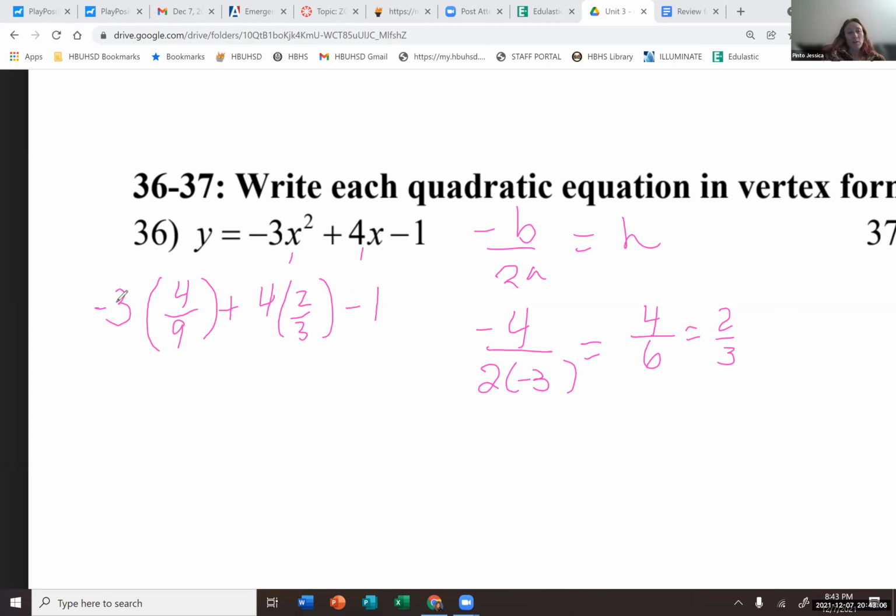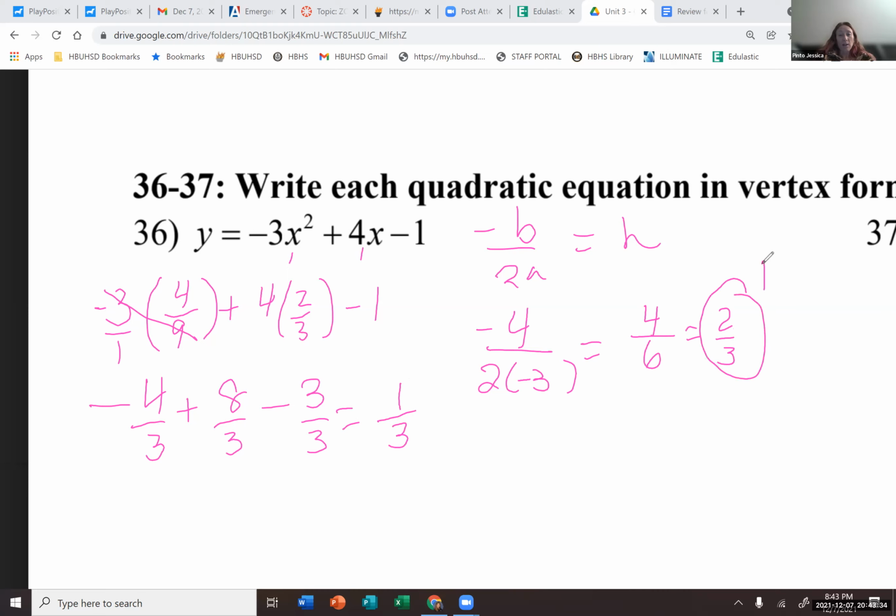All right, so the 3 over 1 and the 9, they're going to cancel, and I'm going to get -4 over 3 plus 2 times 4 is 8 over 3 minus, let's go ahead and change this to 3 over 3, the 1, right? So adding the numerators, I get -4 plus 8 is 4. 4 minus 3 is 1 over 3.